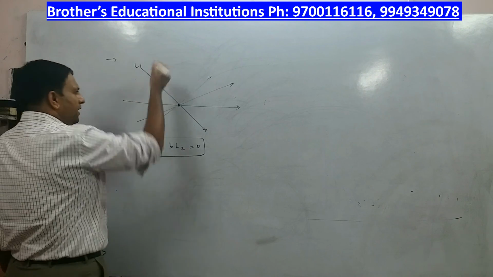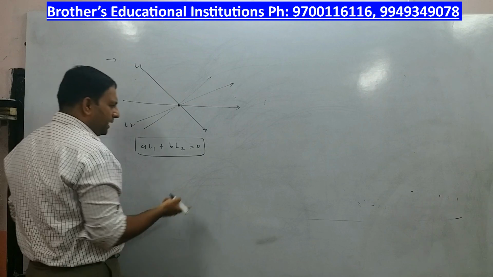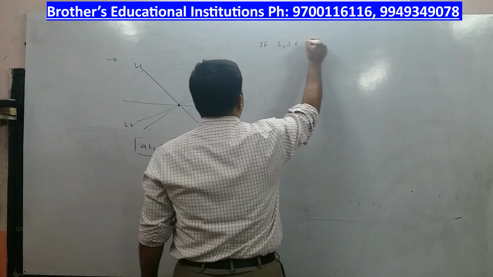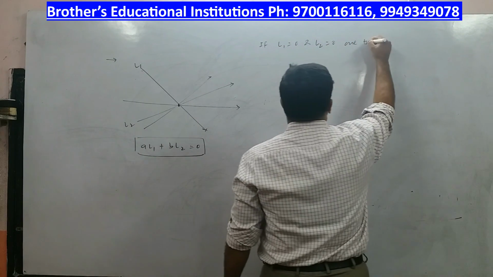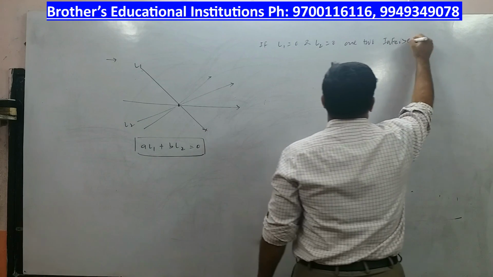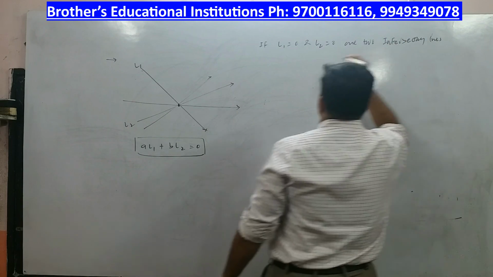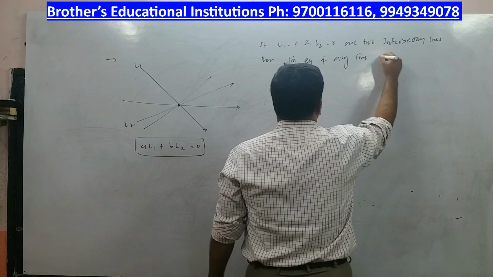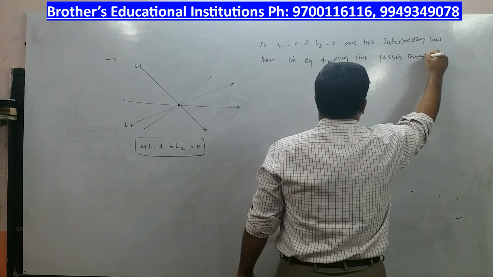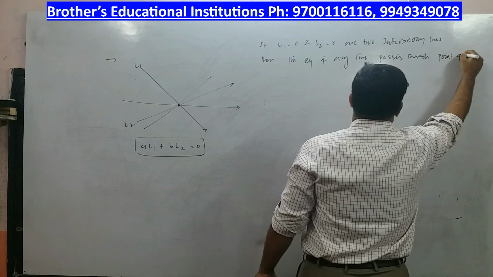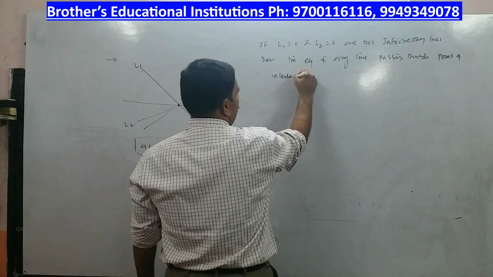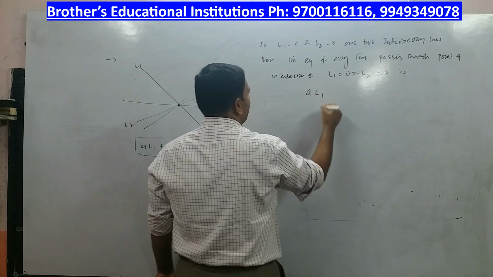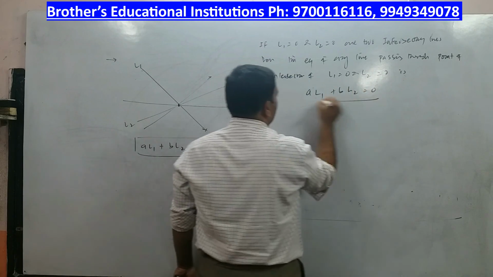If L1 is equal to 0 and L2 is equal to 0 are two intersecting lines, then the equation of any line passing through the point of intersection of L1 is equal to 0 and L2 is equal to 0 is aL1 plus bL2 is equal to 0.